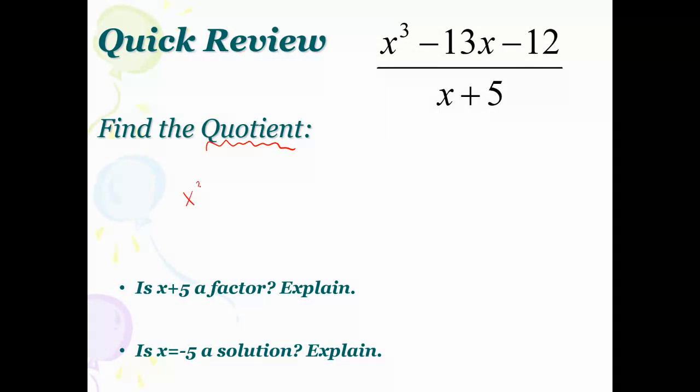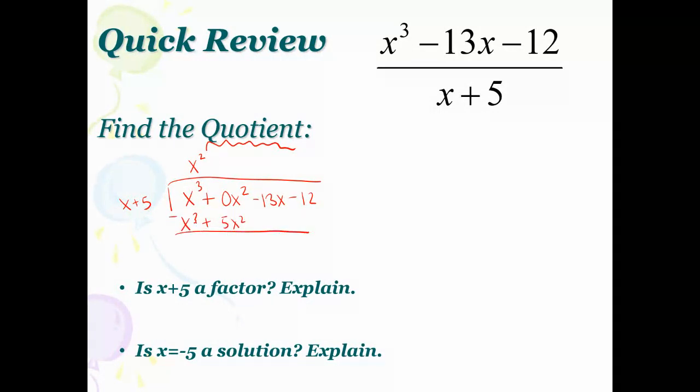So I'm going to go ahead and I've got x cubed. I'm missing my squared term, so I'm going to write 0x squared so that I don't forget it, minus 13x minus 12, and then I'm dividing it by x plus 5, right? So x goes into x to the third x squared times. Let's multiply it out: x to the third plus 5x squared.